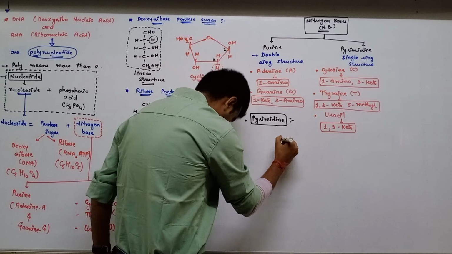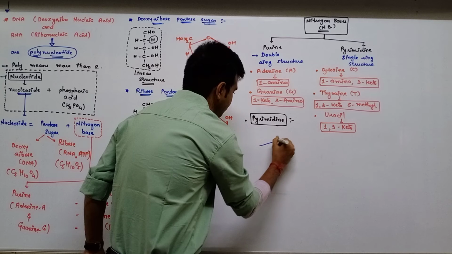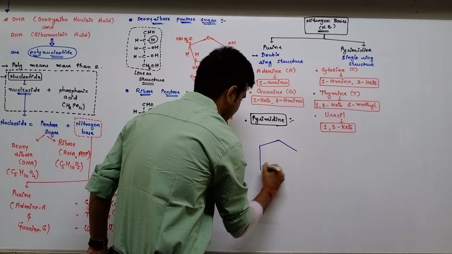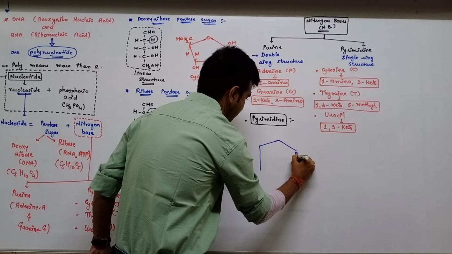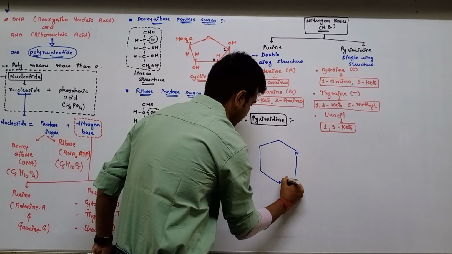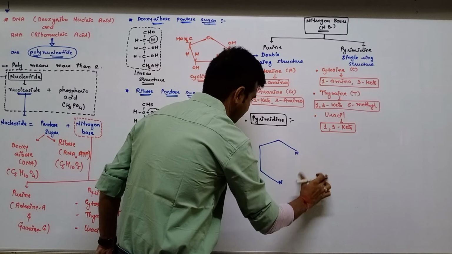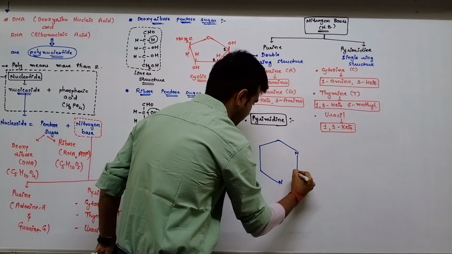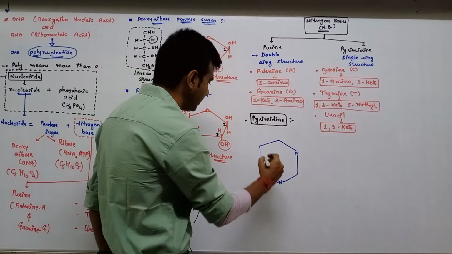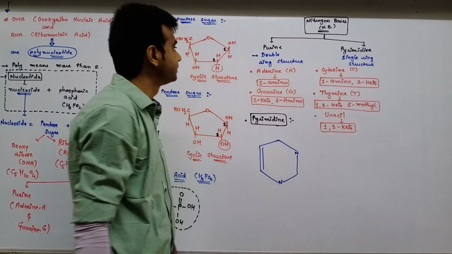Suppose I am drawing the cytosine here. According to the rules, this is the common structure.